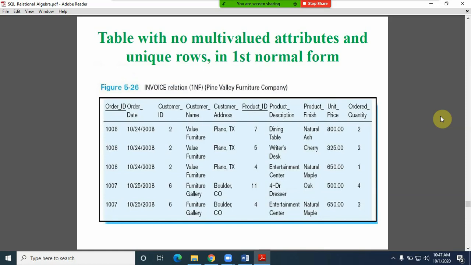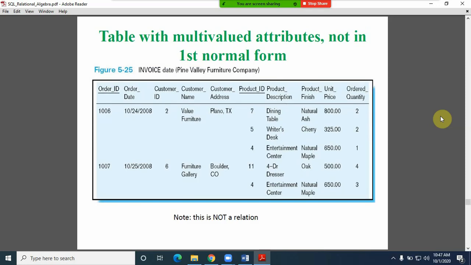A table with no multi-valued attributes and unique rows is in first normal form, but a table with multi-valued attributes is not in the first normal form, so all of those should be avoided.